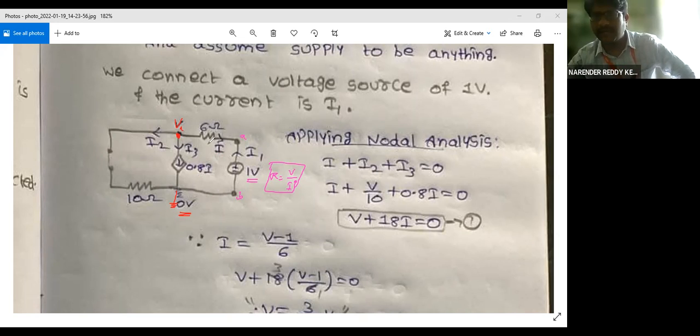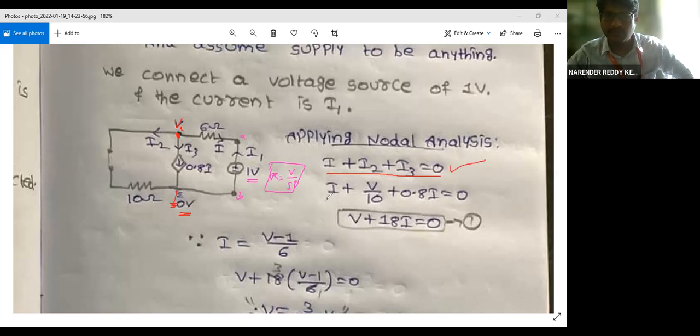So applying KCL at this node, the algebraic sum of incoming and outgoing currents is equal to 0. Since all the currents are outgoing, the equation can be written as I plus I2 plus I3 is equal to 0.